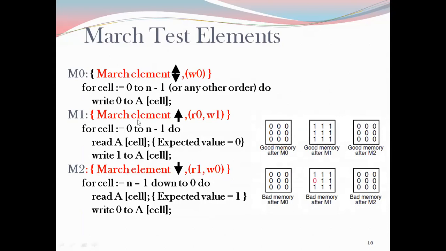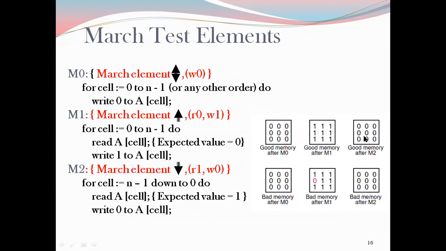Now in the March M1 element, I first read all the zeros and then change the value of each cell to 1, which I have done. So if memory is good, it is doing as expected: all zeros, then all ones. In the third March element, I will read all these values which were 1 in the second step, and then I will again make them 0.